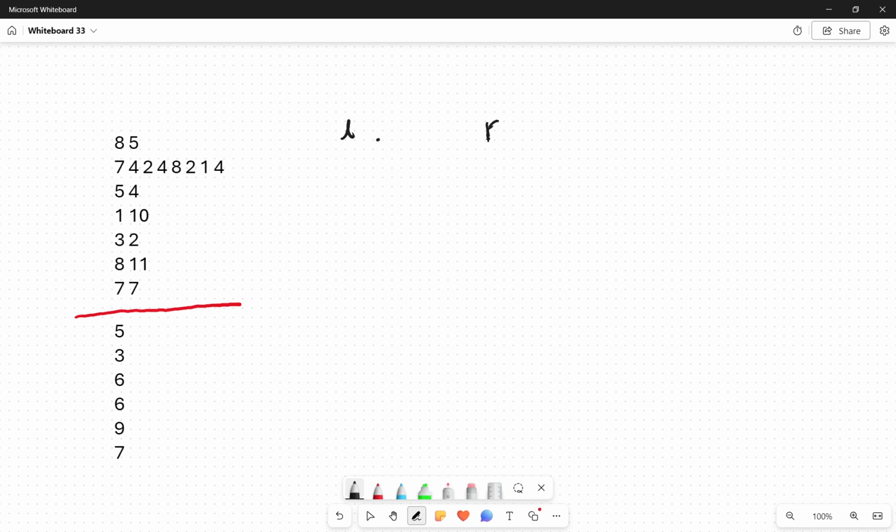If maximum is somewhere in here and minimum is somewhere in here at index L1 and it is at index R1, then instead of selecting L to R, I can just select L1 to R1, right?